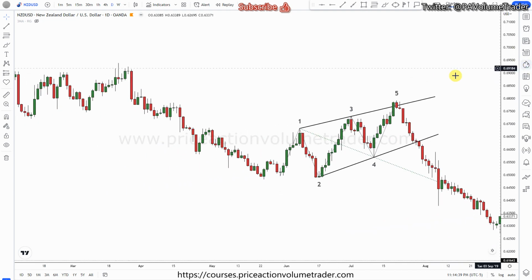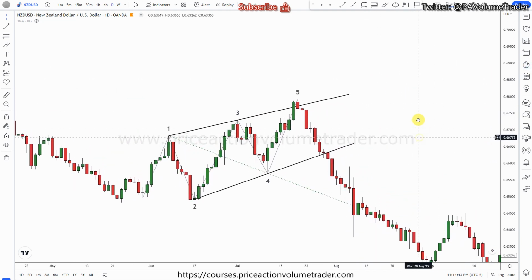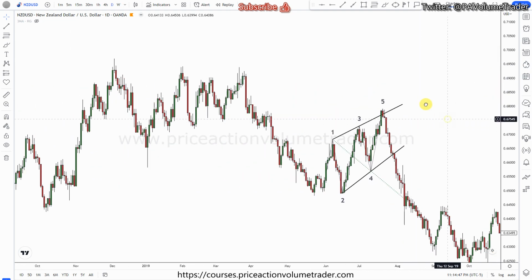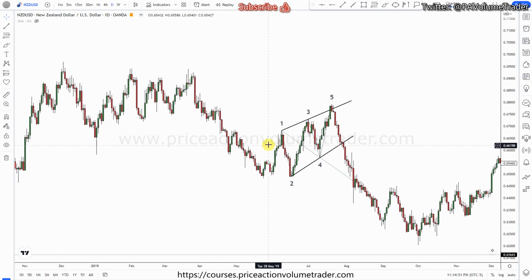So right here, you can see this is a very, very nice, clear example in New Zealand dollar. You can see market is trending down. And so then we're basically flagging upward. So basically we're coming down, impulse move down. Then we start flagging or channeling upward like a bear flag, and then we have continuation.